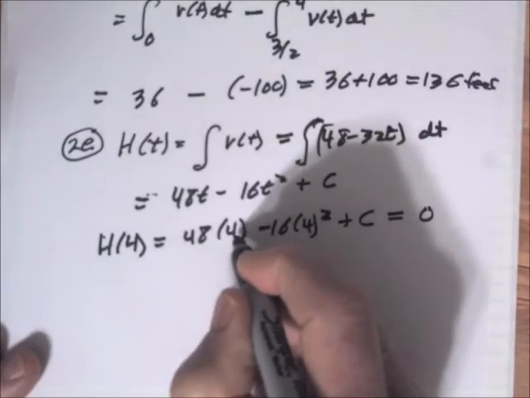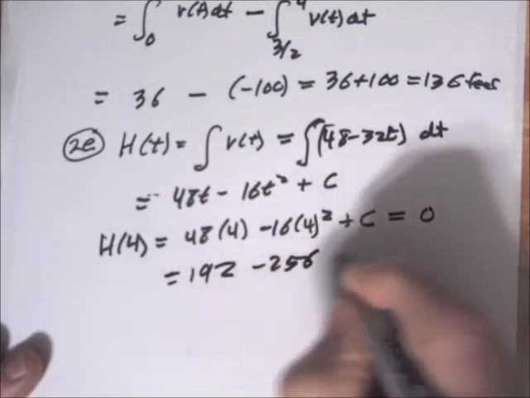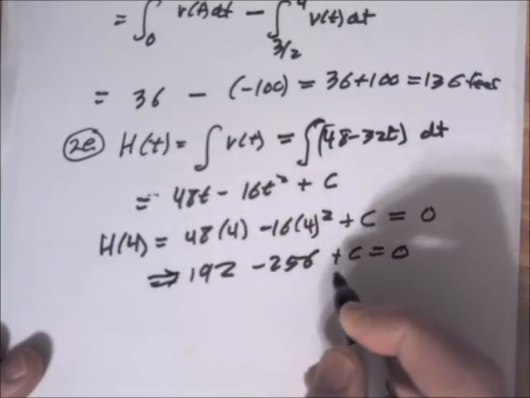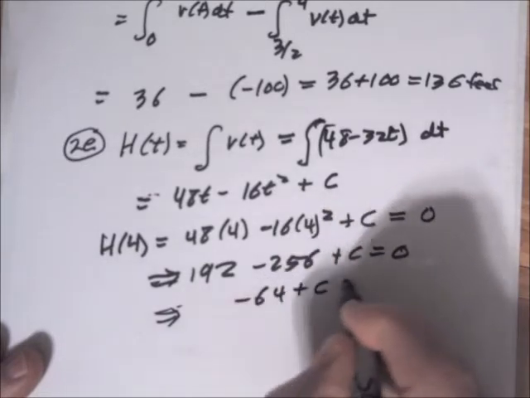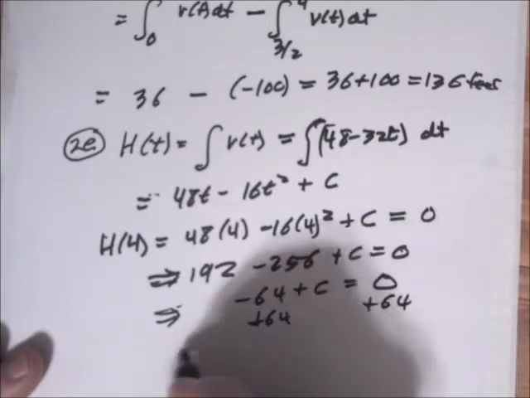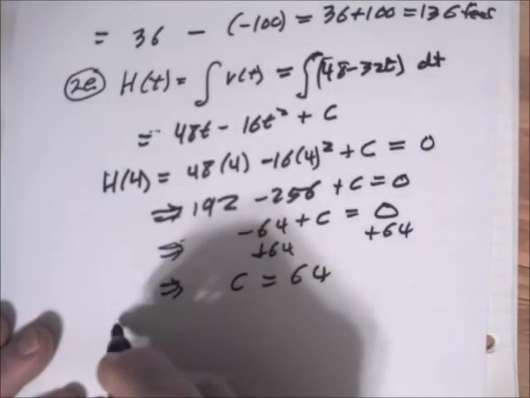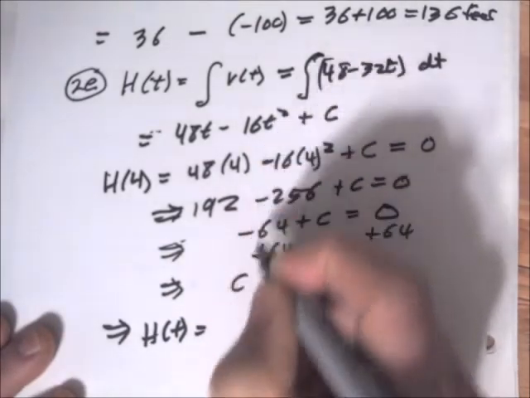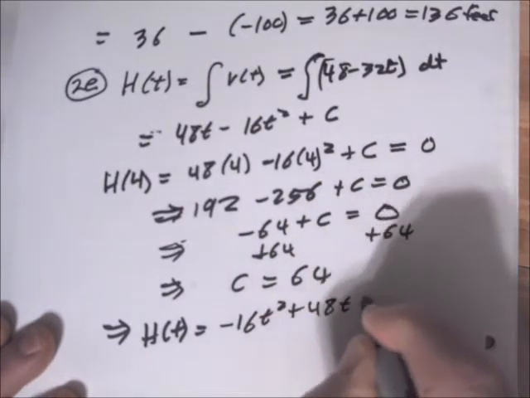So this is 192 minus 256 plus a constant equals 0. If you subtract, you get minus 64 plus the constant equals 0, and then add 64 to both sides. You get the constant is equal to 64. So that means h of t is, let's put these in order from largest exponent, minus 16t squared plus 48t plus 64.